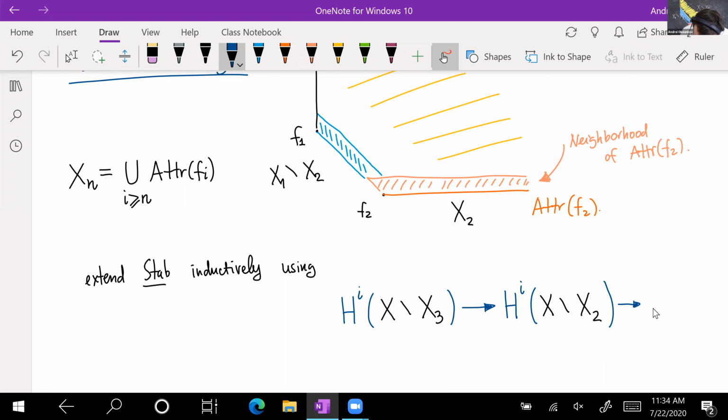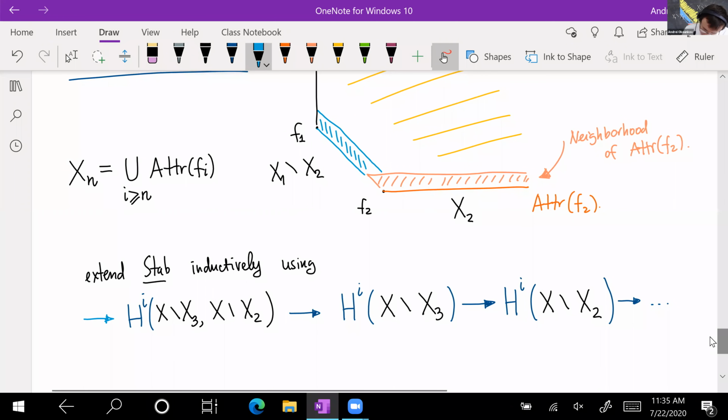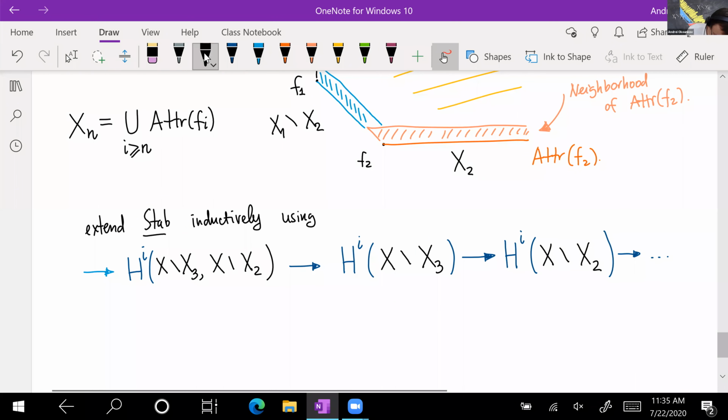So this is a long exact sequence in cohomology, and this term is the relative cohomology group, H^i of X minus X3 modulo X minus X2. But what is this?